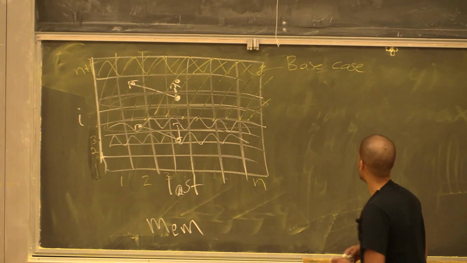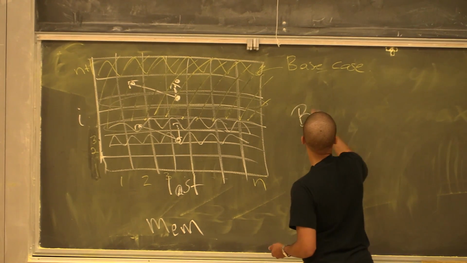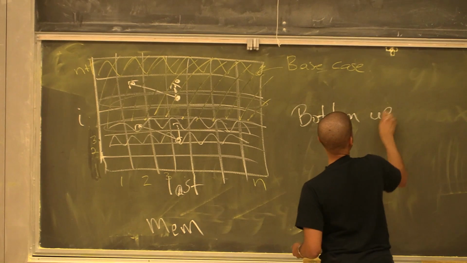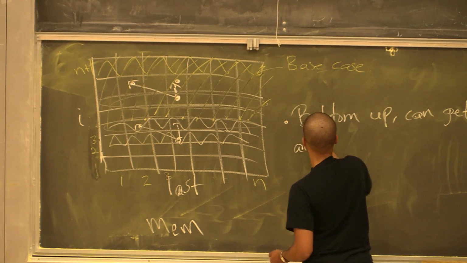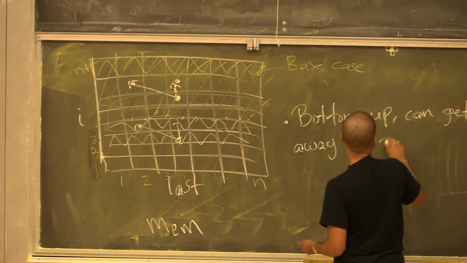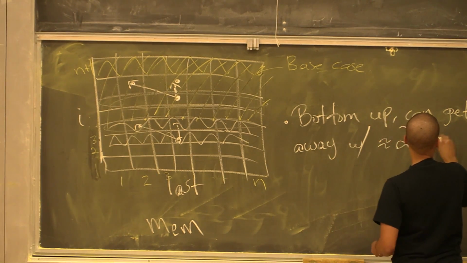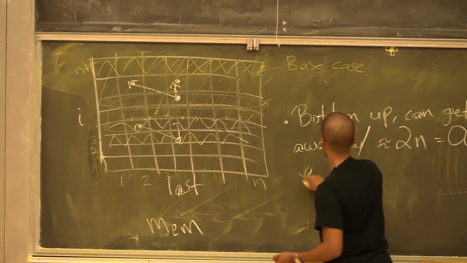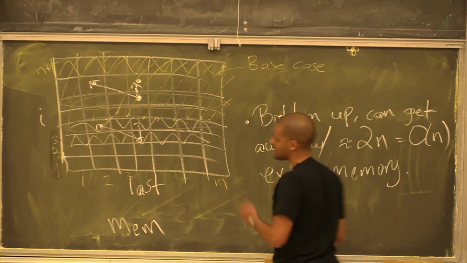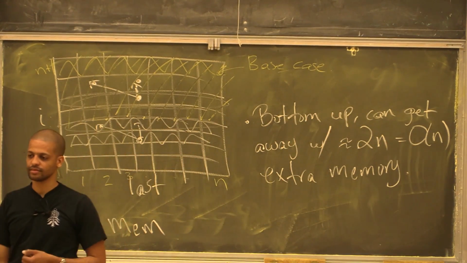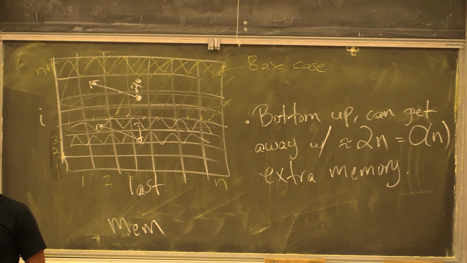So bottom up can get away with roughly 2n, which is O of n, extra memory, instead of n squared. It's not always true, but this is an example where doing things bottom up actually improves your memory.